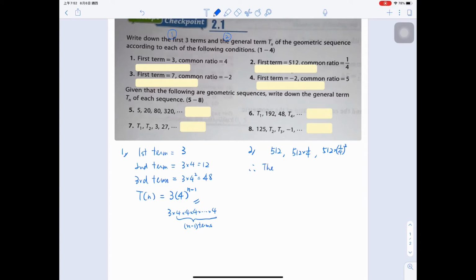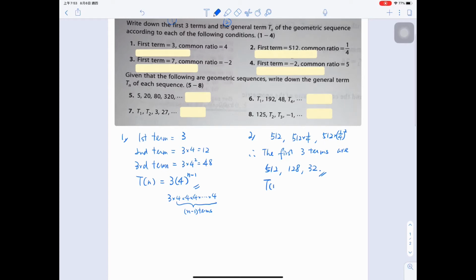So the first three terms are 512, 128, and 32. Okay? How about Tn? Not difficult. 512 times 1 over 4 to the power n minus 1, right?